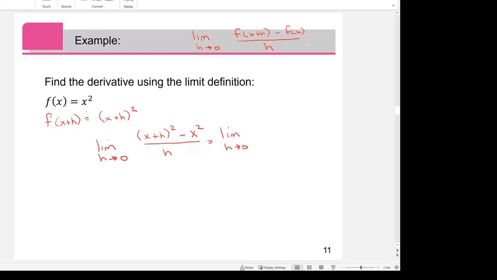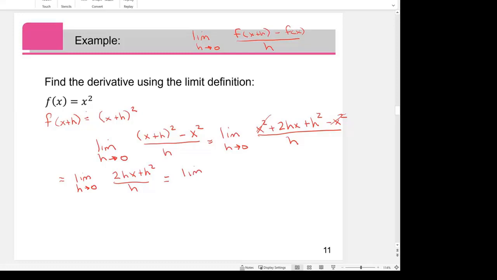I'm going to FOIL out x plus h squared, and I get x squared plus 2hx plus h squared, minus x squared, over h, which is going to equal the limit as h approaches 0. And we can see that the x squareds are going to cancel, and I get 2hx plus h squared over h.